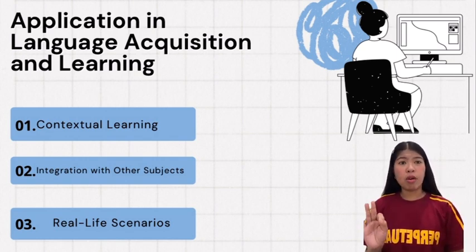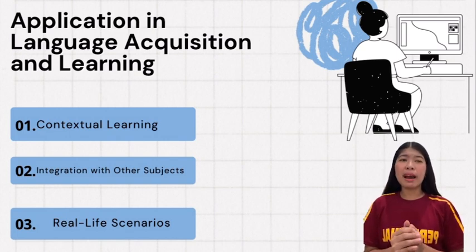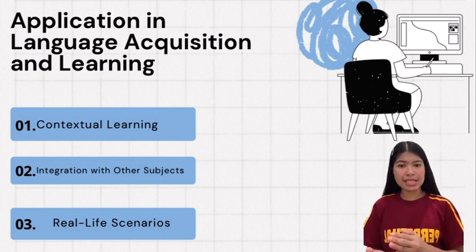Okay, so let's move on. How do we apply nga ba yung language acquisition and learning? When it comes to contextual learning, instead of teaching grammar rules in isolation, COA teaches language in context.